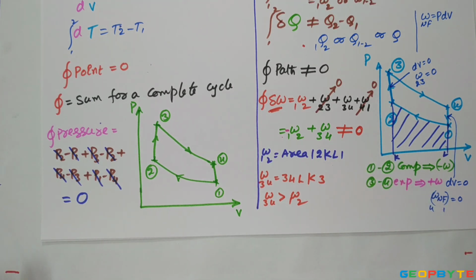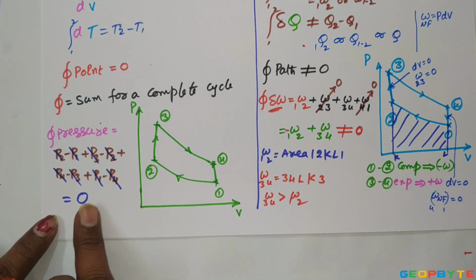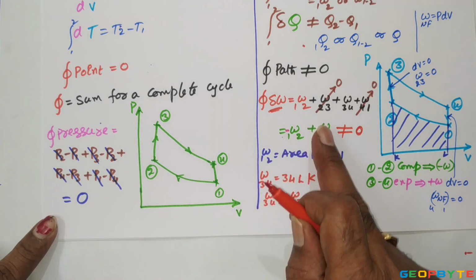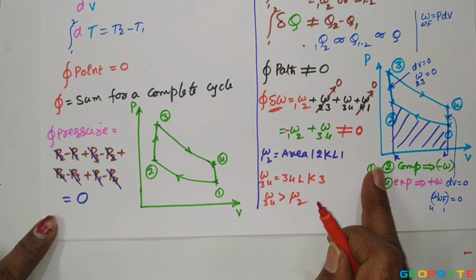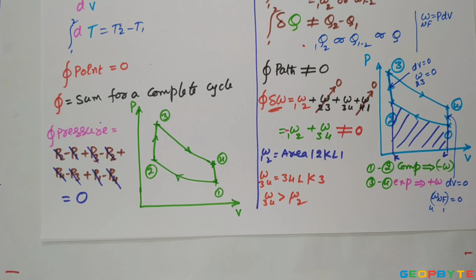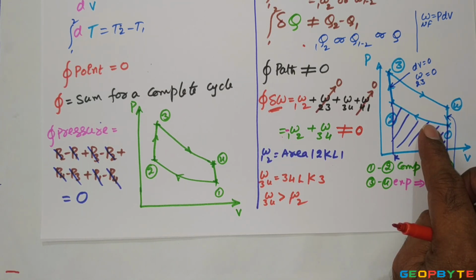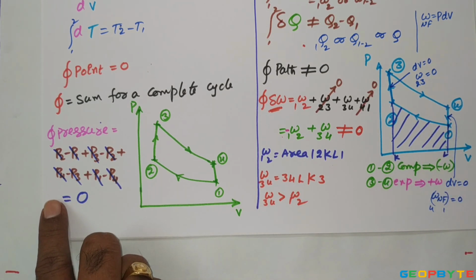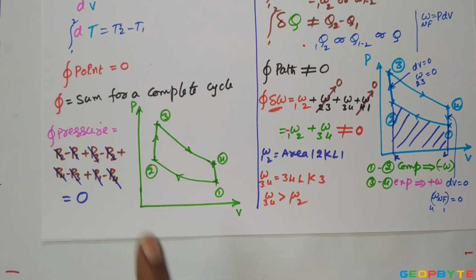So the conclusion: the cyclic integral of any point function quantity equals 0. The cyclic integral of a path function quantity is never equal to 0. It means the algebraic sum of work interactions and heat interactions is never equal to 0 for any thermodynamic cycle, but the algebraic sum of any property or any point function quantity for any thermodynamic cycle is equal to 0.